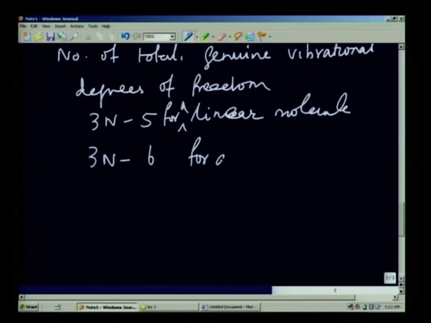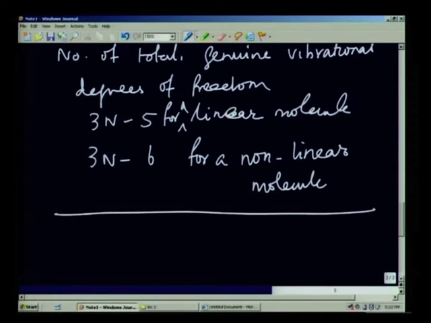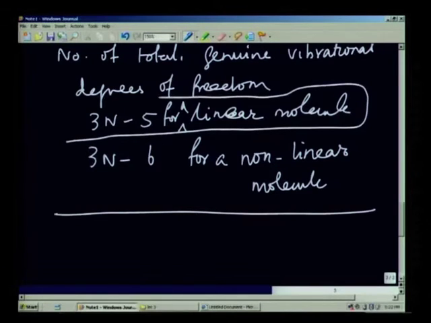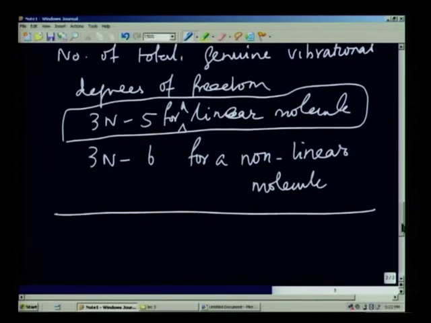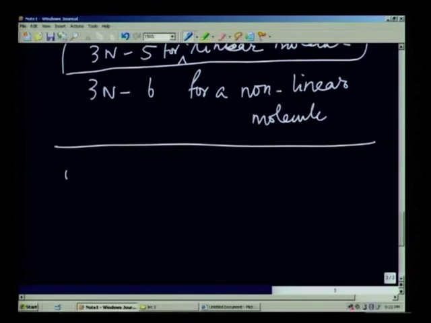Now a diatomic molecule comes under the category of a linear molecule obviously, and when n is 2 there is only 1 vibrational degree of freedom, 3n minus 5, and that is what we went through in the previous lecture on the harmonic and the anharmonic motions of a diatomic molecule. Today, when we talk about the polyatomic molecule, the 3n minus 6 degrees of freedom will be described in the form of normal modes of vibration.